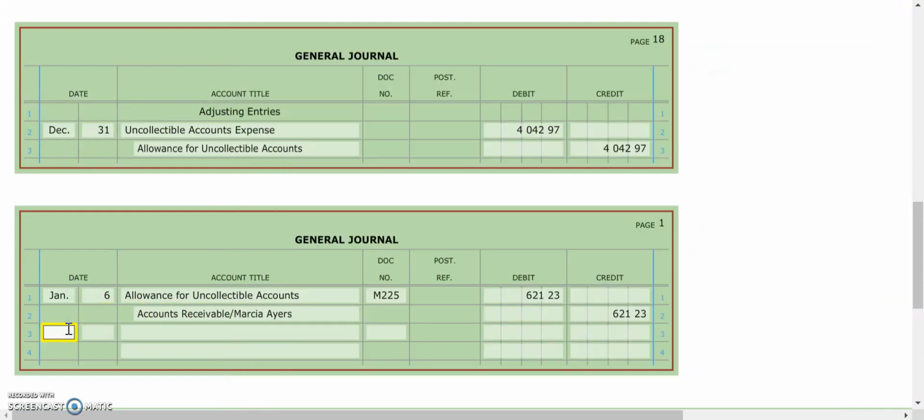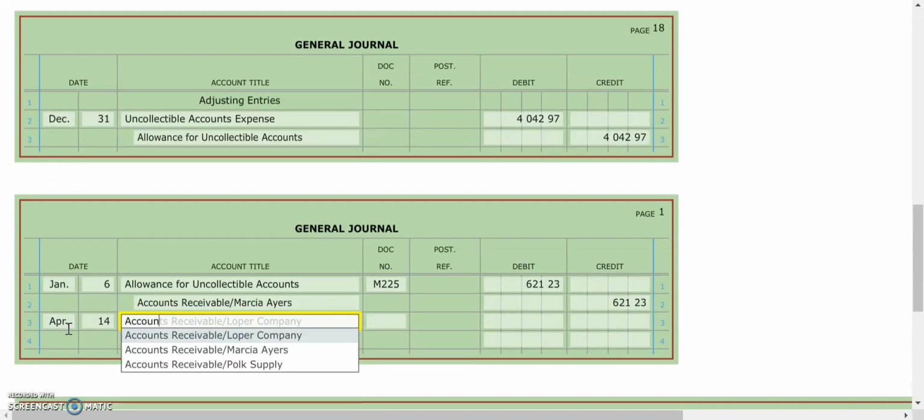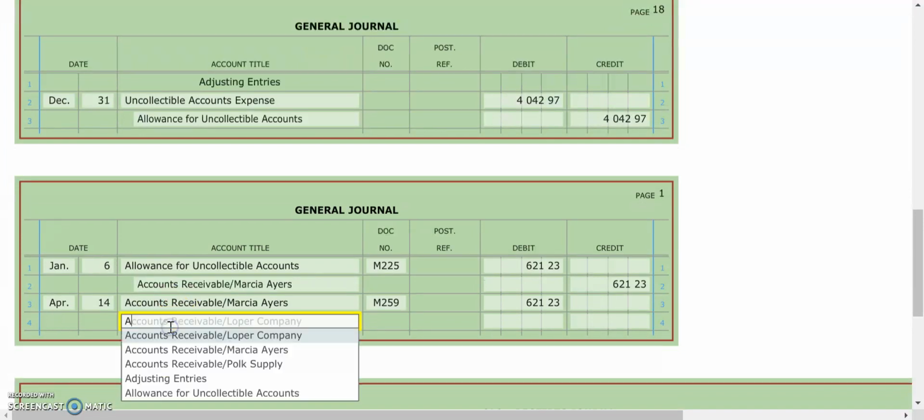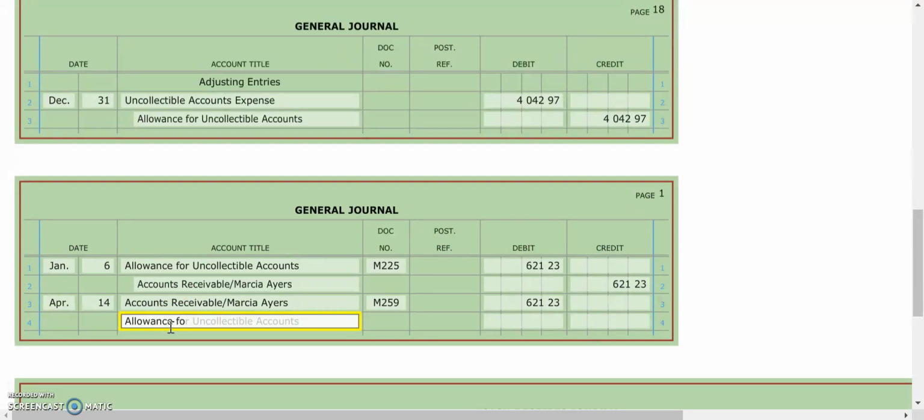That's going to go in our general journal first. So we put April 14th in here. And essentially it's just reversing the transaction that we had just done. M25, same amount, 621.23. And we credit our allowance for uncollectible accounts. And we put that back in there.